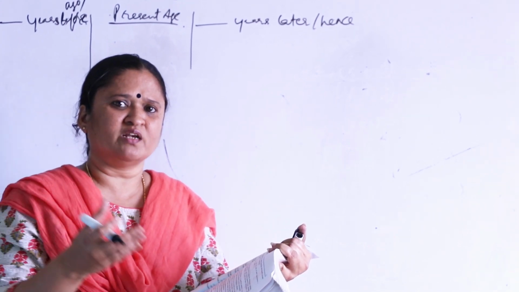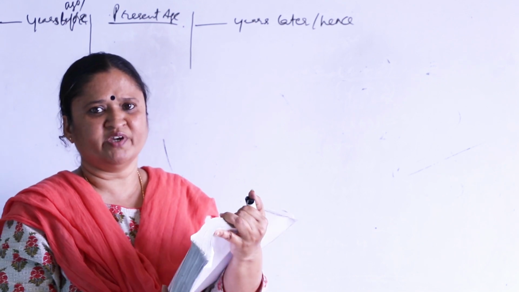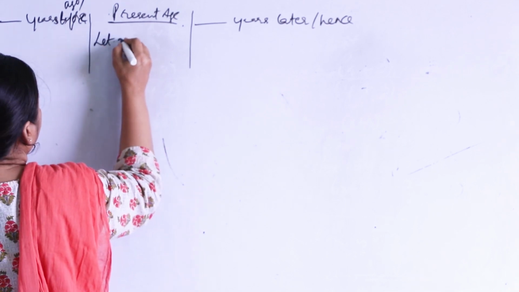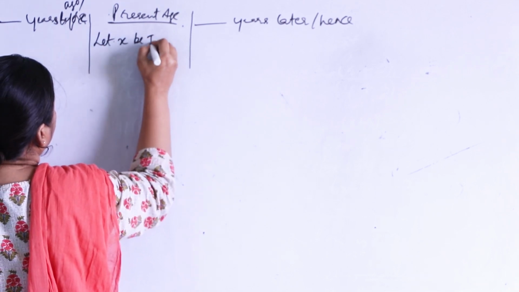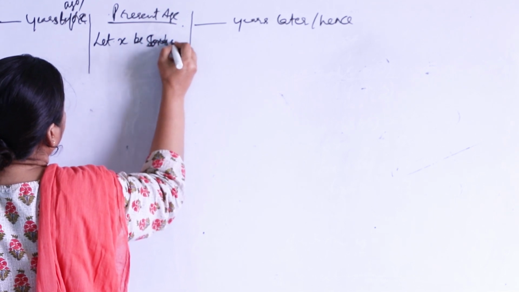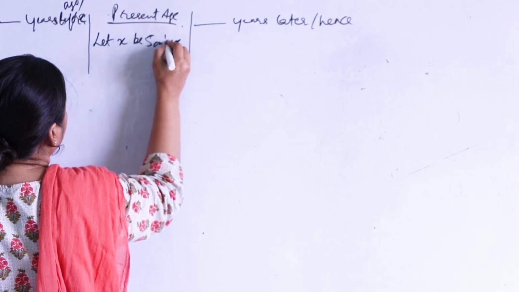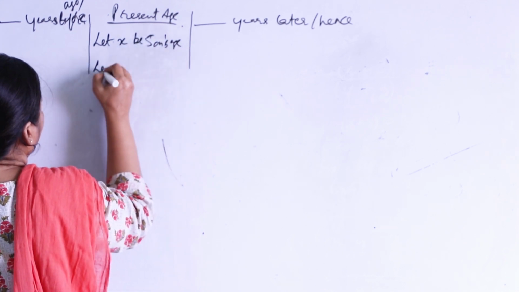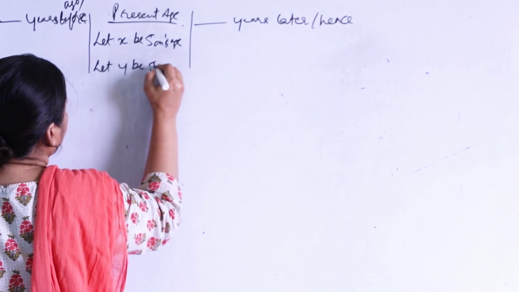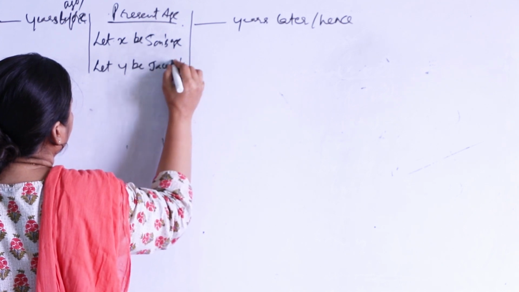So it's always better X should be the independent variable. So let us begin. Let X be son's age. Let Y be Jacob's age.